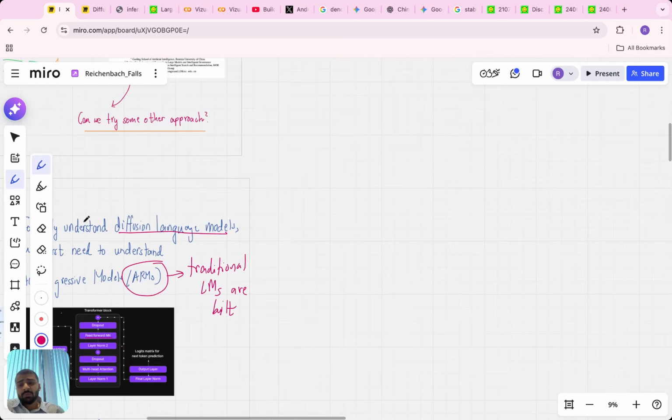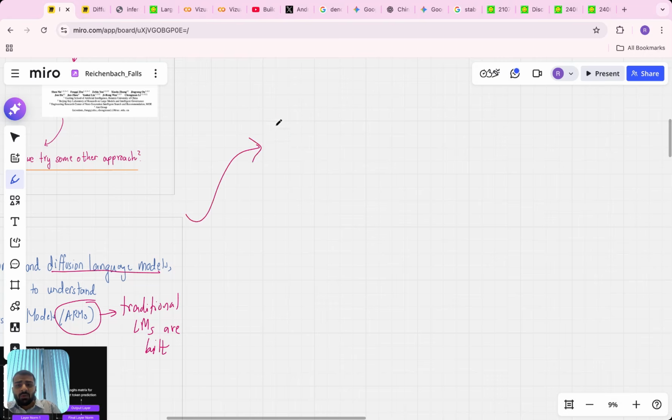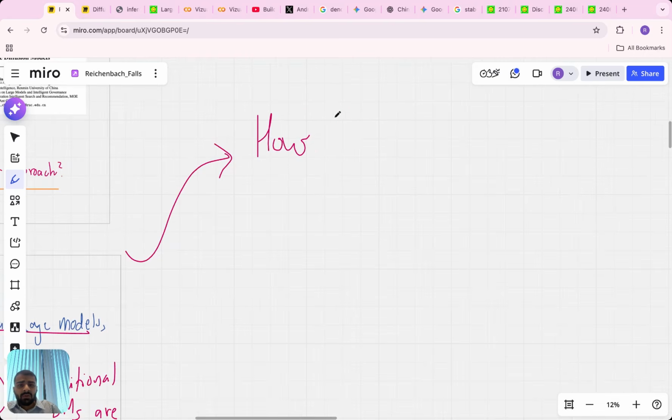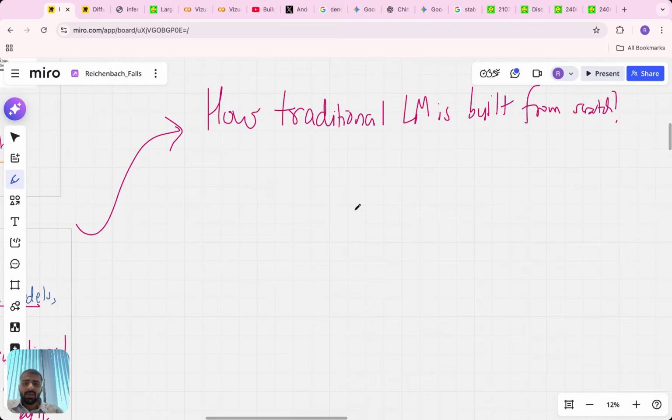Okay, so let's start. To understand this, I'm going to explain how a traditional language model is built from scratch, and then we'll use the same learnings to understand how diffusion language models are built.